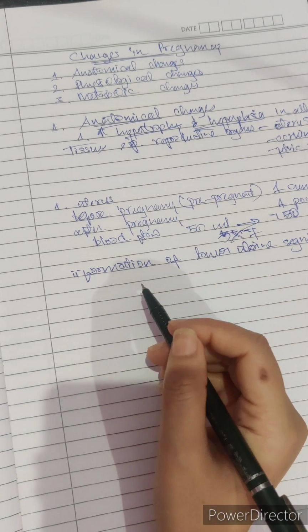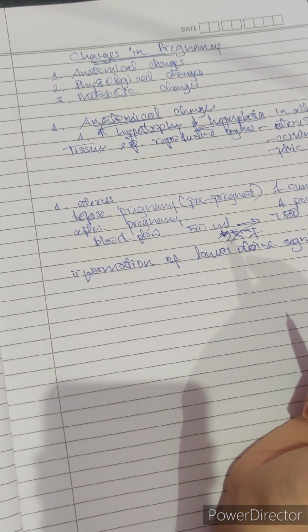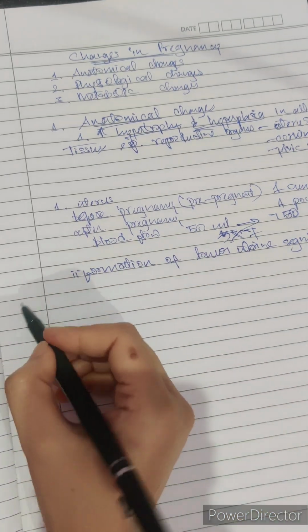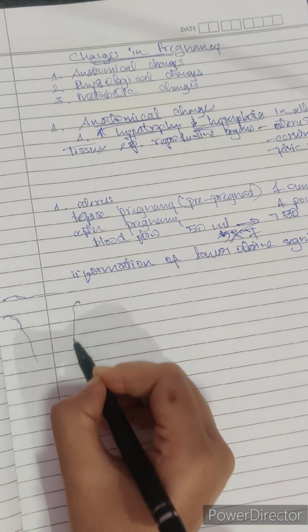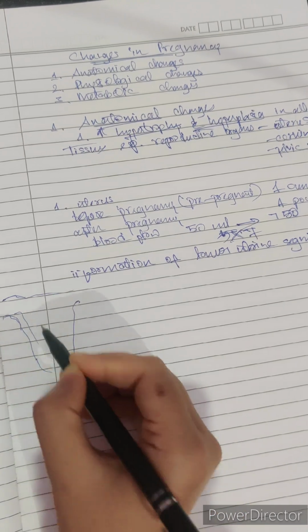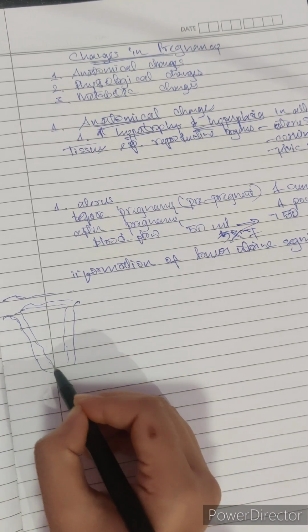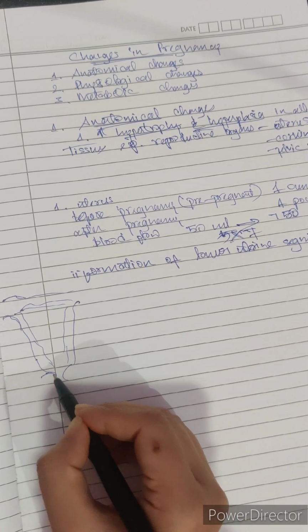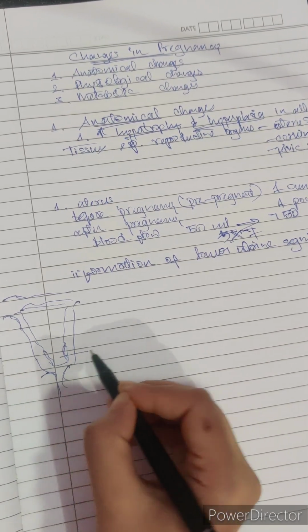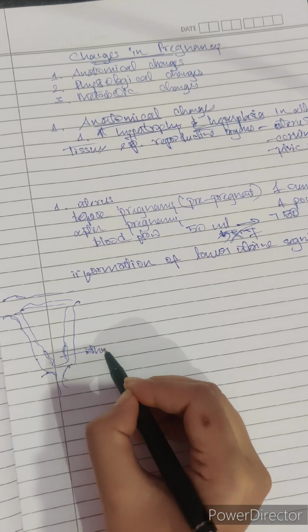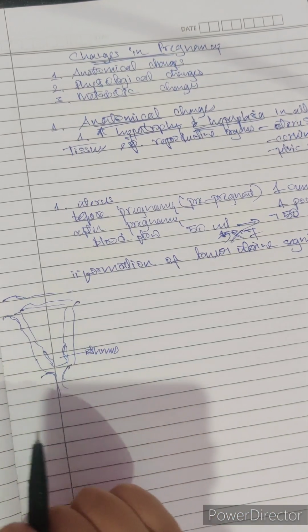Before the pre-pregnant state, your isthmus, if this is the uterus, so this portion is the isthmus. This is where the lower uterine segment forms.